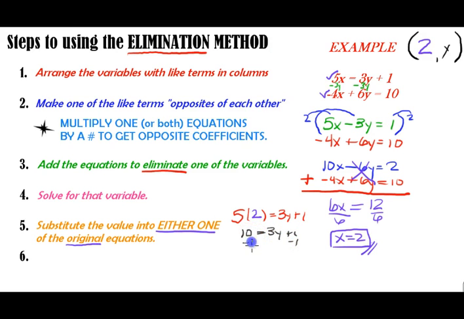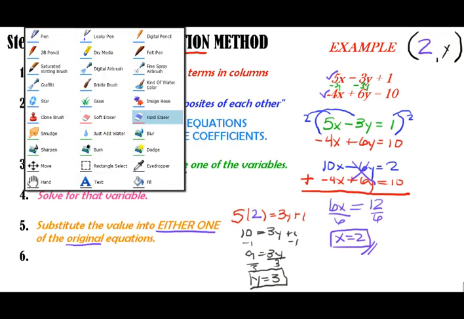I'll subtract 1 from both sides. That gives me a 9. When I divide by 3, that gives me y equals 3. So there is my other particular side of my ordered pair.